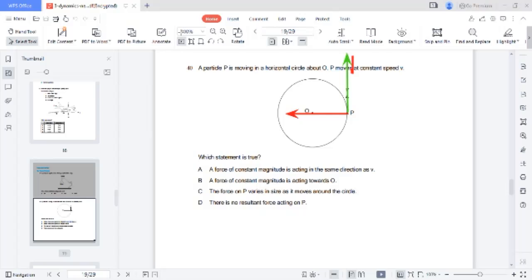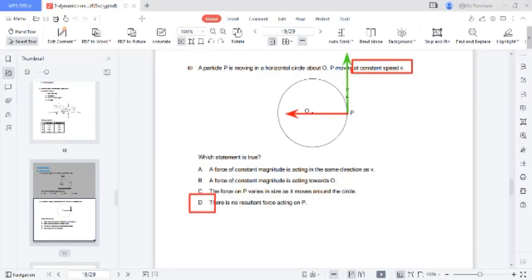See, constant speed means the resultant force acting on it is 0. So the resultant force acting on it is 0, that's why the object has constant velocity. So we are going to consider this option because there is no resultant force acting on it.